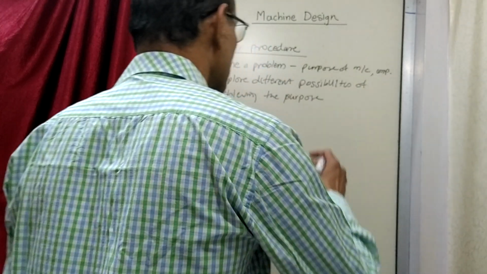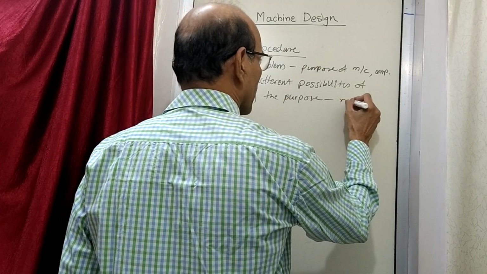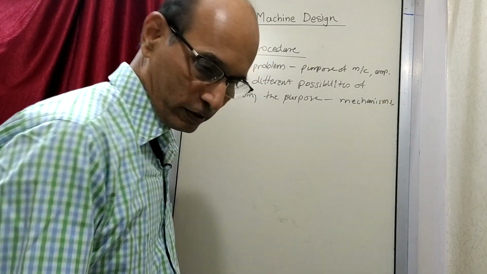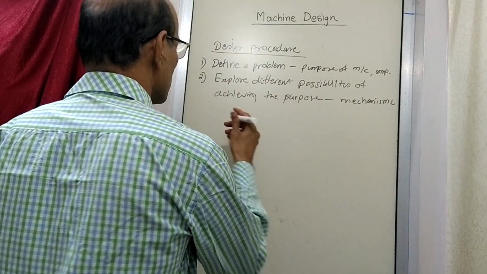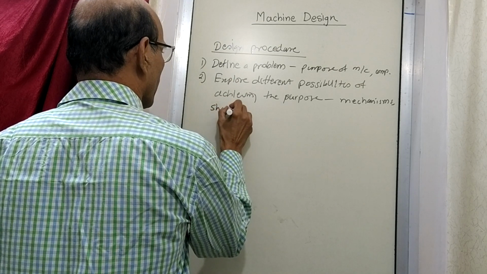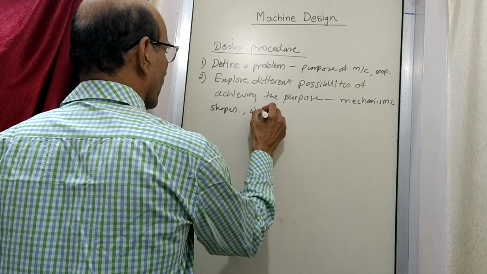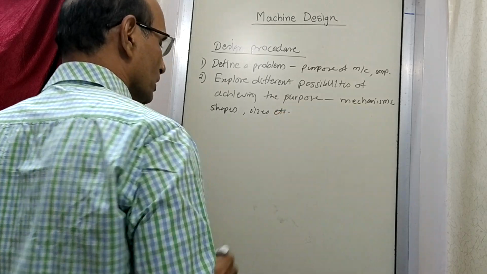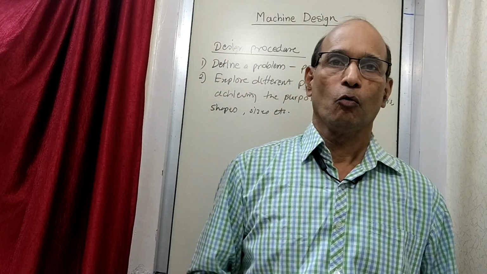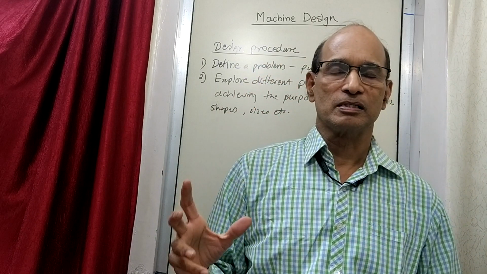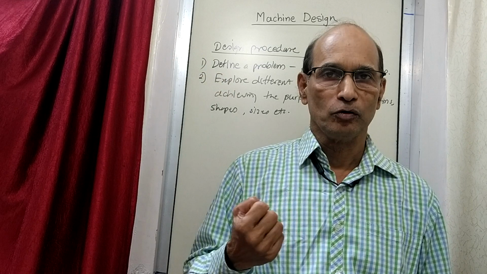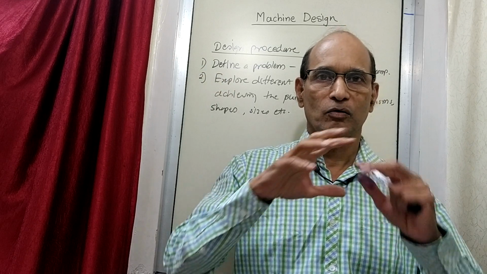Now while doing this, you are thinking about different mechanisms. Then maybe you can think about shapes, sizes; all these things will come into the picture at a time. What mechanism will I use so that the purpose is served? What could be the size and shape and such things? All these things together you will start bringing into the picture in your mind and trying to analyze.